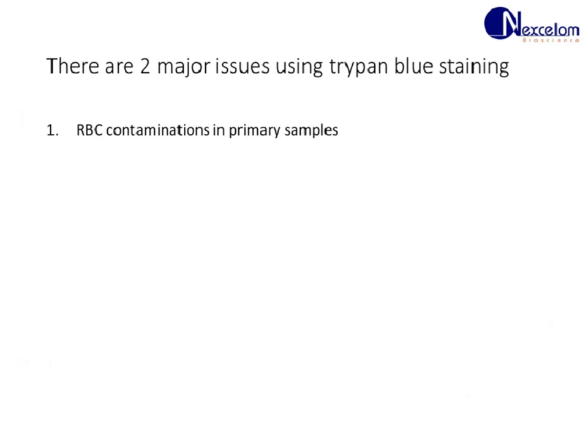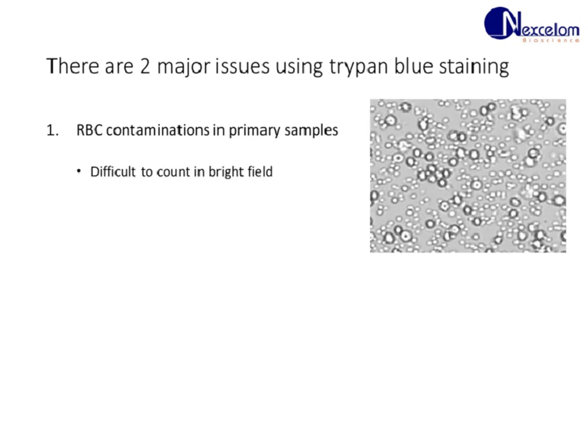First, if the primary samples have RBC contamination, and in cellular therapy there are definitely primary samples that have a lot of RBC contamination. In the example bright field image shown here, it is actually very difficult to count in the bright field. You can see that there are multiple debris objects in the image, and there are some cells that look like RBCs or PBMCs.